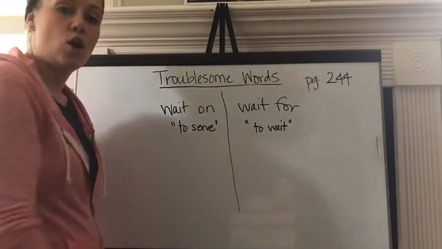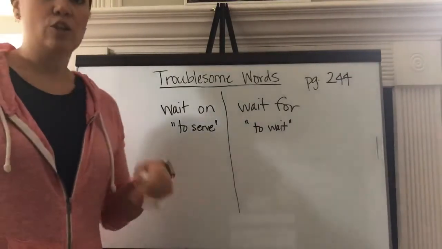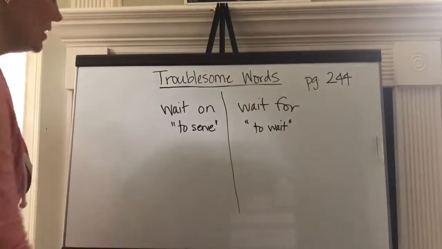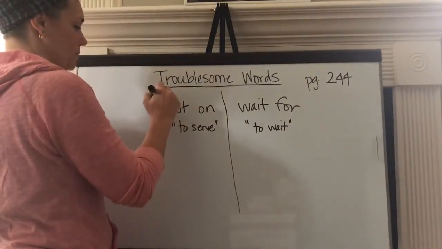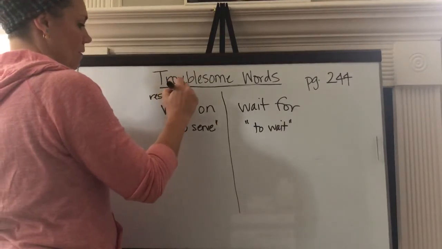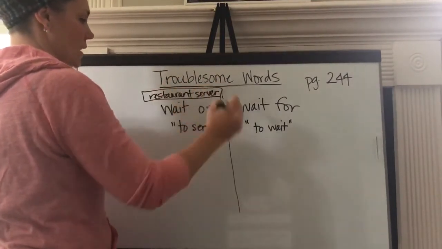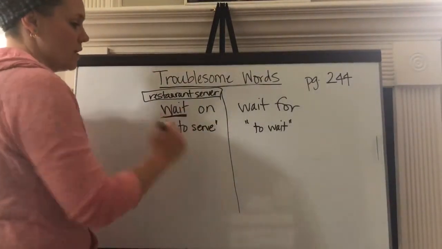If you say wait on, then you literally mean someone is serving. Either you're doing the serving or someone else is doing the serving for you, okay? And I like to think of this as like a server at a restaurant, right? Okay? That is a waiter. That's what we call a waiter, and that's where this comes from, okay?